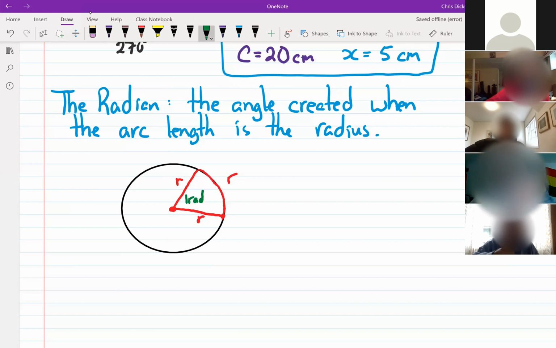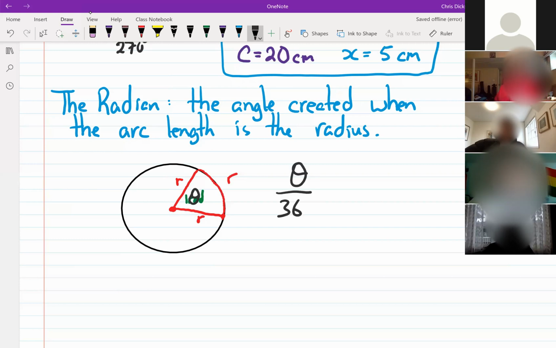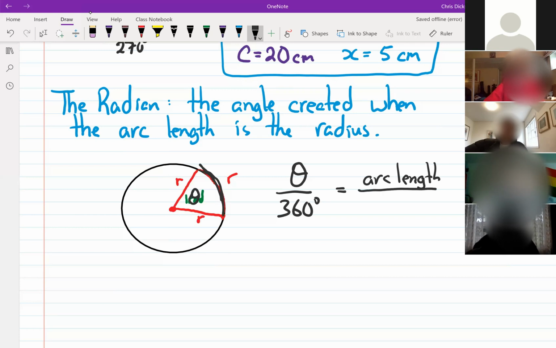So all I want to do today was talk briefly about the radian and show how we can relate it to degrees here. So I'm going to write a ratio here for you guys. I'm going to say this angle, let's call that theta there. The angle theta over 360, so that's 1 rotation, should be equal to the arc length, so that is the distance along the arc, divided by the circumference of a circle, 2 pi r.